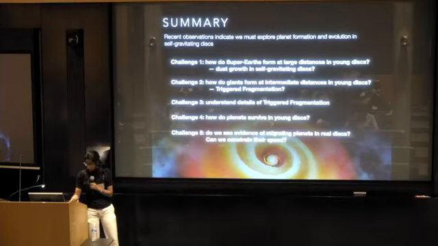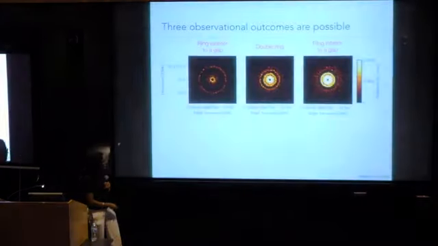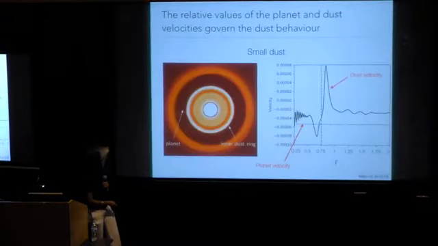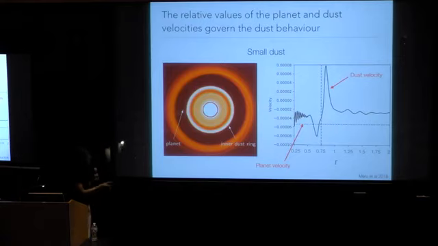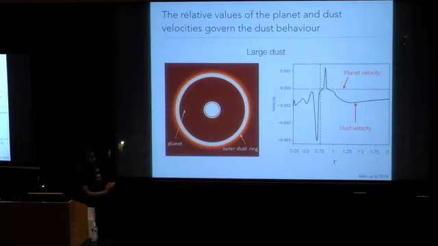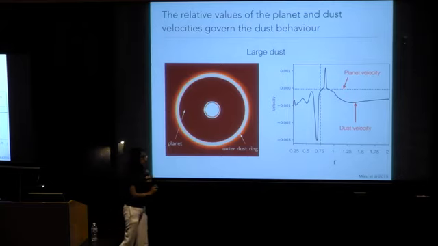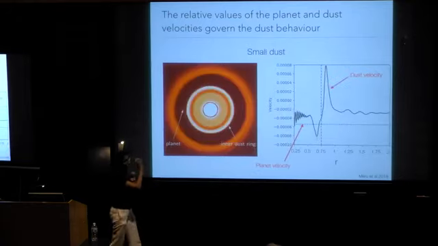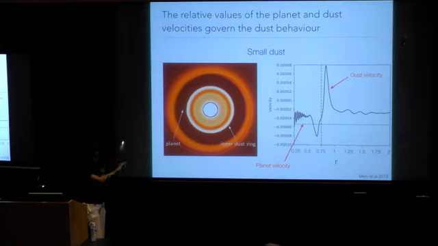Yeah, sure. So apologies, let's go back. For the large dust, we modeled Stokes numbers up to 0.1, and for small dust we went down to 10 to the minus 4, but those actually just followed the gas.